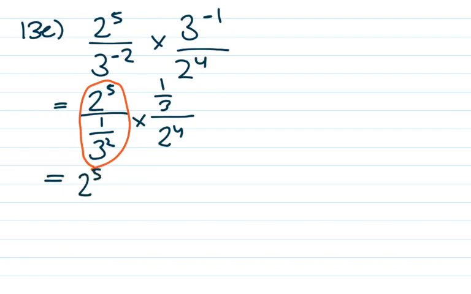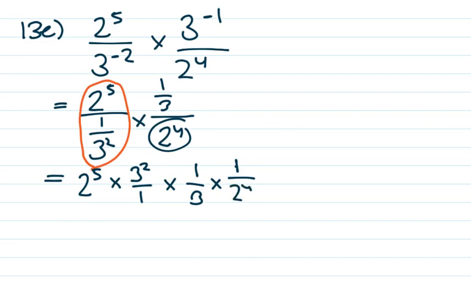So I'll have 2 to the power of 5 times 3 squared over 1 times 1 over 3 times the reciprocal. So that would be, instead of 2 to the power of 4 over 1, it would be 1 over 2 to the power of 4. So now in total, I have 2 to the power of 5 times 3 squared divided by 3 times 2 to the power of 4.